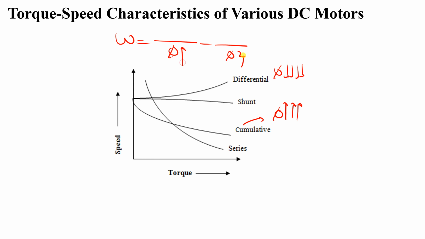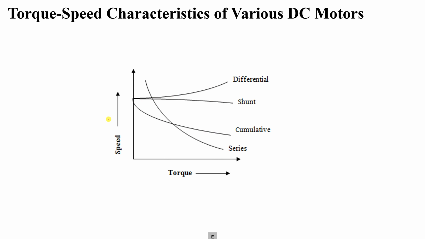As flux increases, omega will go down. That's why, if this is a shunt, in cumulative we have more flux leading to a fast reduction in speed, so cumulative will go further down. In the differential, field weakening, we have lower field than shunt. This will lead to higher speed. That's why it will go up. Okay, that is the only difference between these three types.